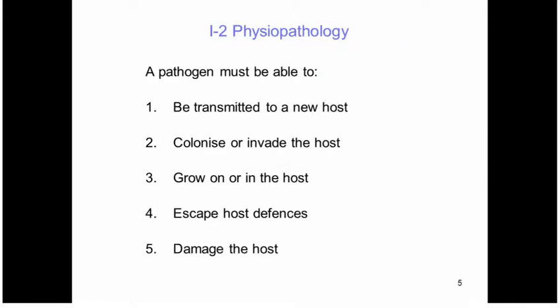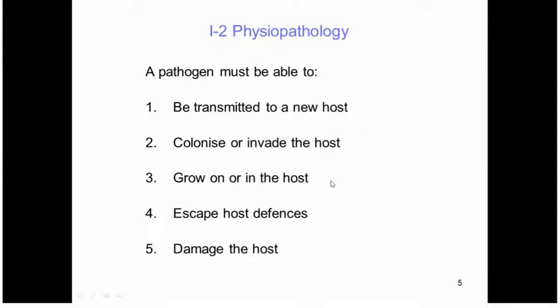Okay, so if you break down these two aspects of pathogenicity, being transmissible and being able to harm the host, you've got a number of different steps or dimensions to this. In order to establish an infection, the bacterium has got to be transmitted, it's got to be able to colonize a host, and it's got to be able to grow in the host.